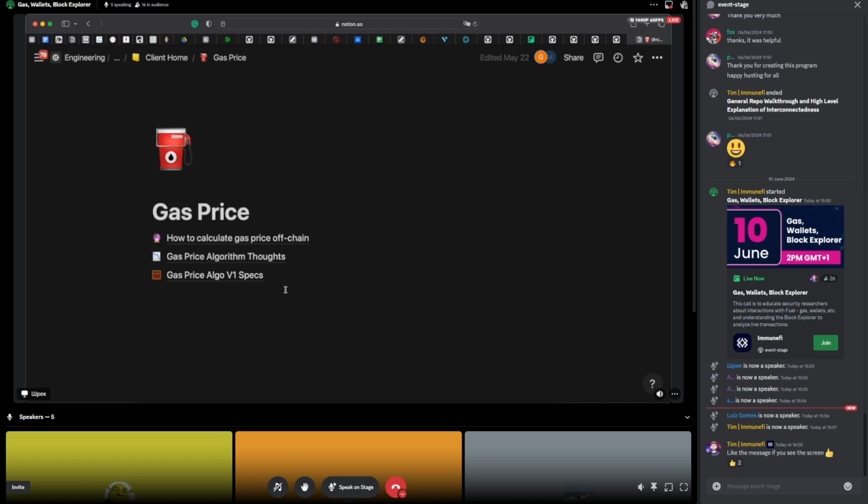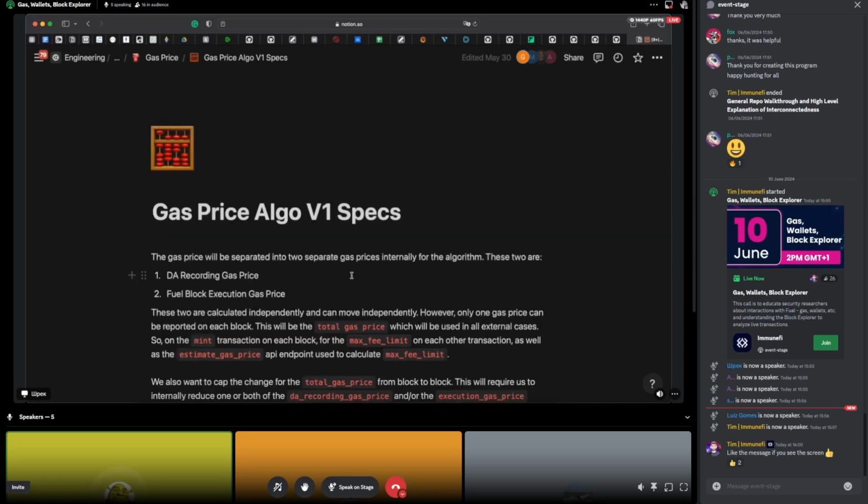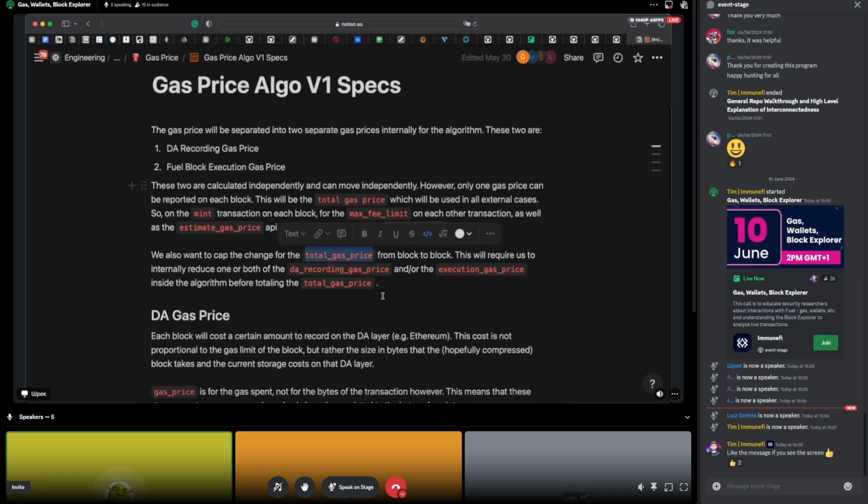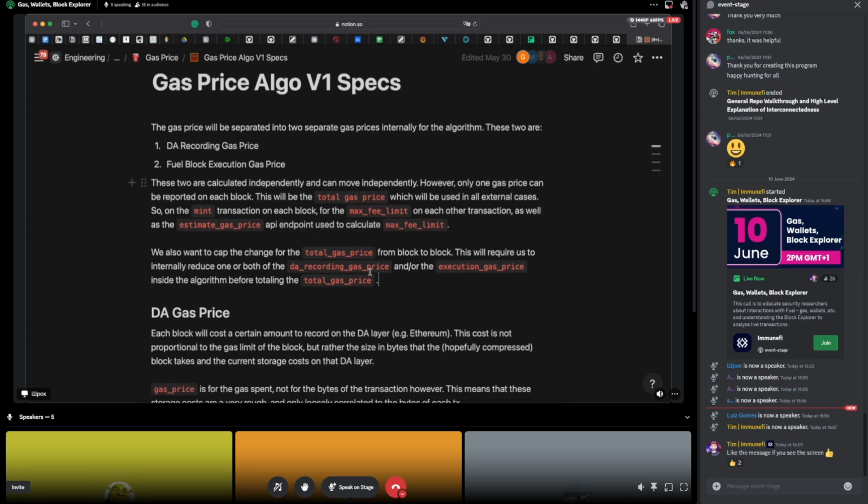The main idea is that gas price will be a combination of gas price for execution and DA recording gas price. Because we plan to post all blocks and transactions to DA, that price will be included in the gas price used by the block producer.